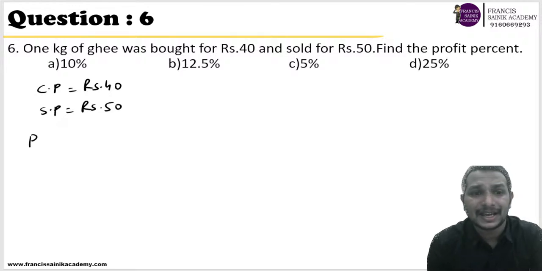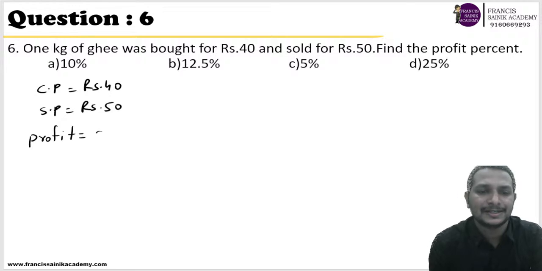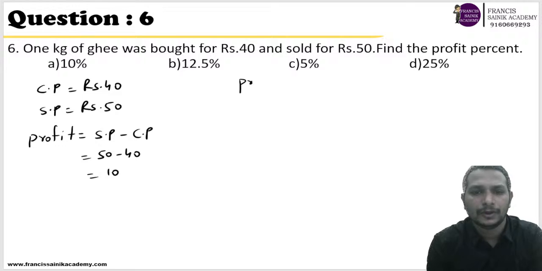Here we can see that the selling price is greater than the cost price. Profit is selling price minus cost price, 50 minus 40, which is 10. Now, the profit percentage or gain percentage. What is the formula? Profit by CP into 100.